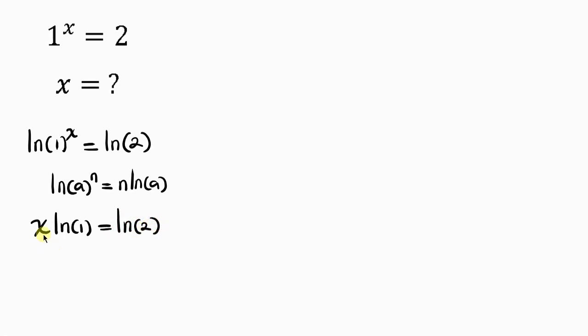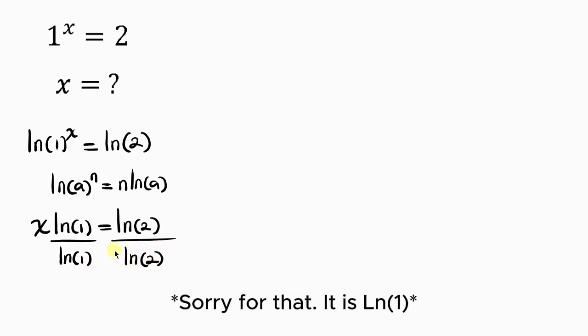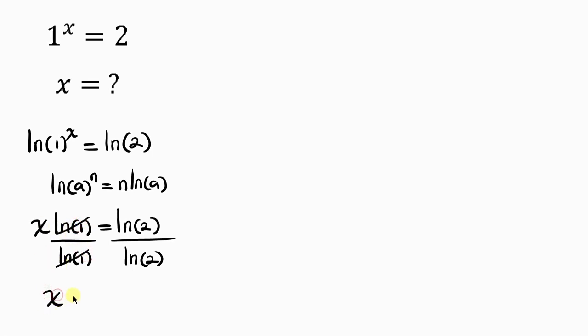Now, since we are looking for x, the coefficient is ln of 1. So we're going to be dividing both sides by the coefficient, which is ln of 1. I'll divide the left-hand side by ln of 1, and I'll divide the right-hand side by ln of 1. Now you notice that ln 1 will be gone, leaving behind x equal to ln 2 divided by ln 1.